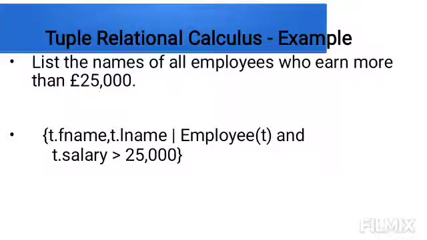In this query, we retrieve only the names of the employees rather than the complete information. Now we write the tuple relational expression in the following manner: {T.Fname, T.Lname | EMPLOYEE(T) and T.Salary > 25000}.